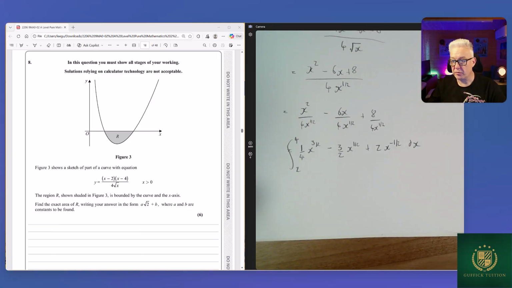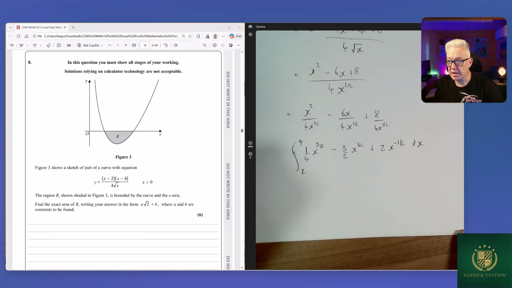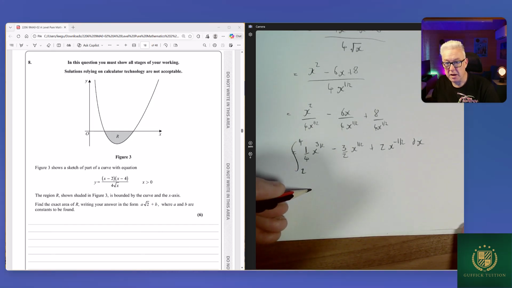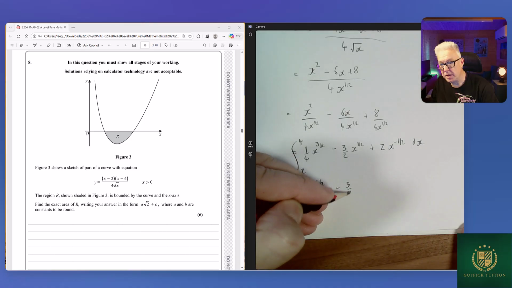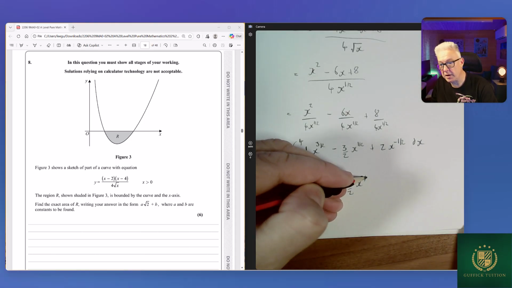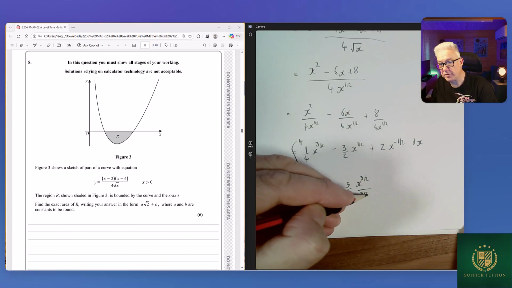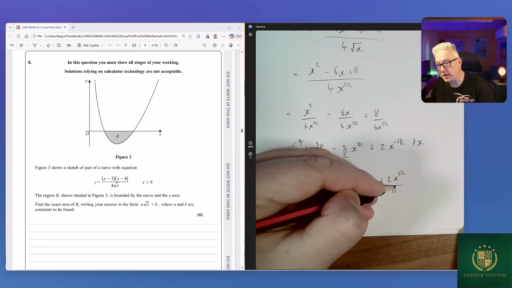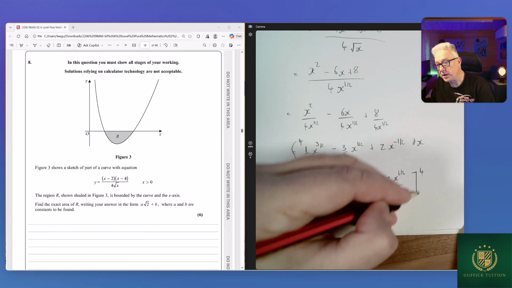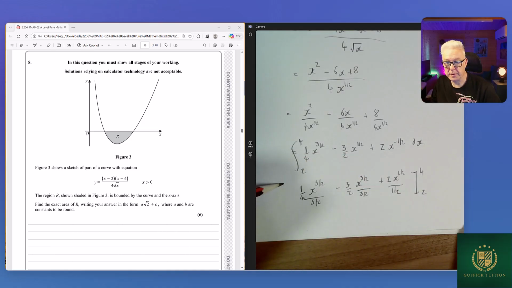We're going to raise the power by 1 and divide by the new power. So what's that going to give us? That is going to give us x to the 5 over 2, with our quarter there, divided by 5 over 2, minus 3 over 2 x to the 3 over 2 divided by 3 over 2, plus 2x to the half divided by a half, all between 4 and 2.